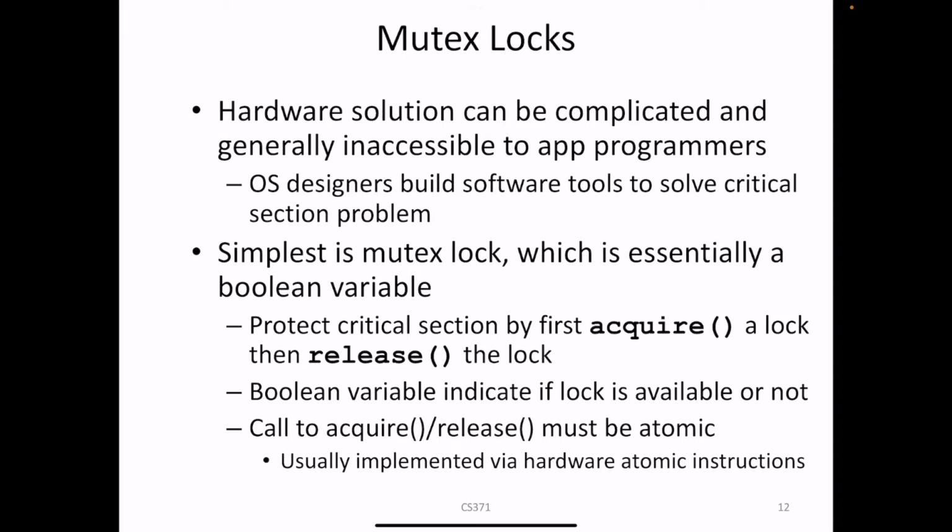The operating system uses the value of this Boolean variable to determine whether the lock is available or not. Both the acquire function and the release function must be atomic in order to address the race condition problem. Usually they can be implemented through hardware atomic instructions.